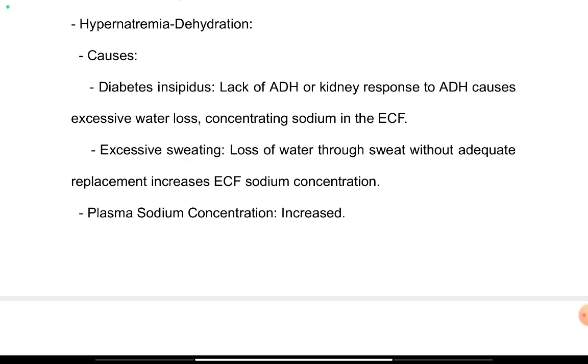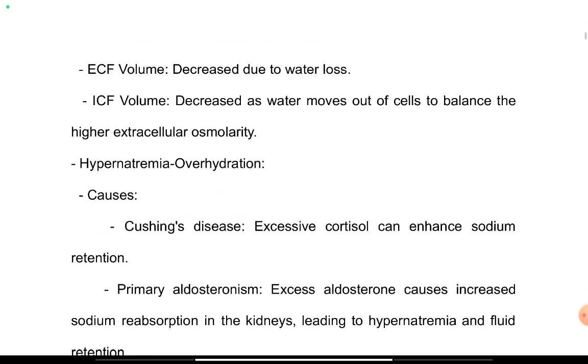Also, in any case where there's loss of intravascular fluid, that will cause decreased water concentration, and that will translate to increased solute concentration, and the bulk of the solute is sodium. So that is hypernatremia. Another instance where there could be loss of fluid is excessive sweating. So that is also something that should be noted.